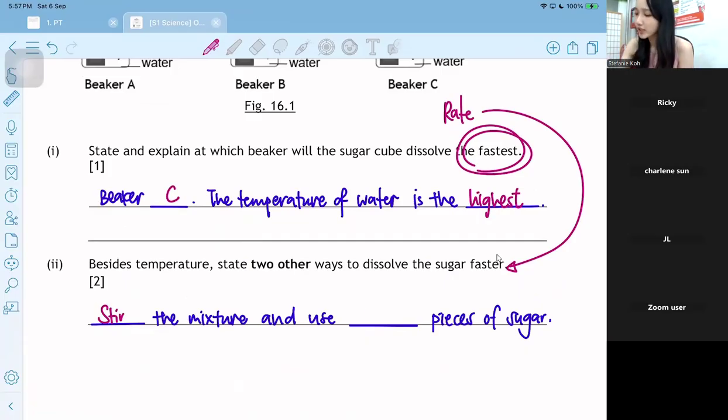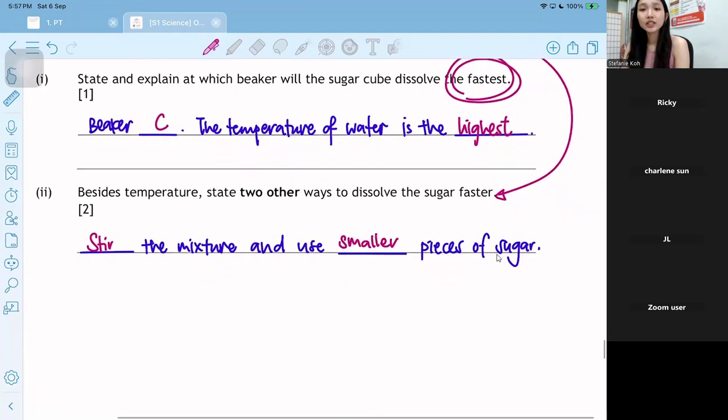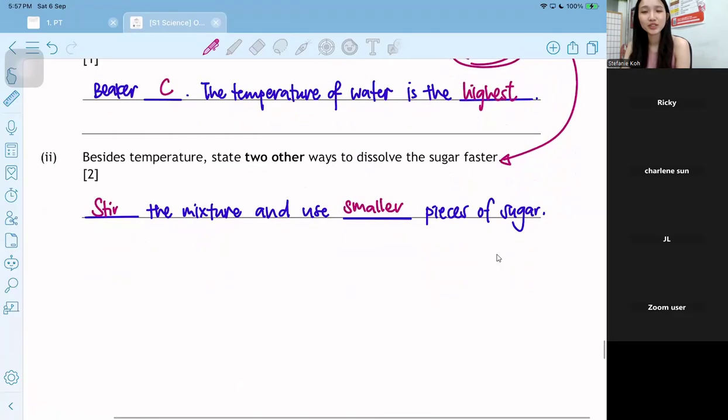Smaller pieces of sugar. That's why a lot of the times the sugar you use are all in the small little forms, right? Not the cube, right? Not a block. Right? It's all the powdered sugar. Smaller pieces of sugar increase surface area so that it will dissolve faster.